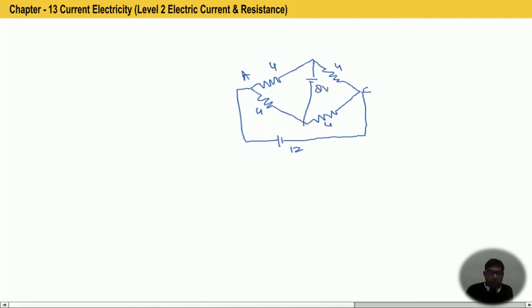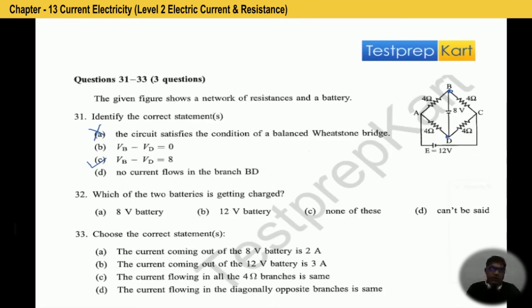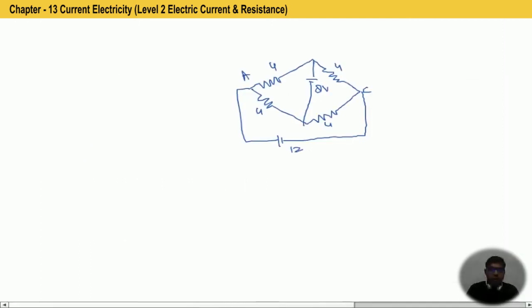There is 8 volt between terminal B and terminal D.